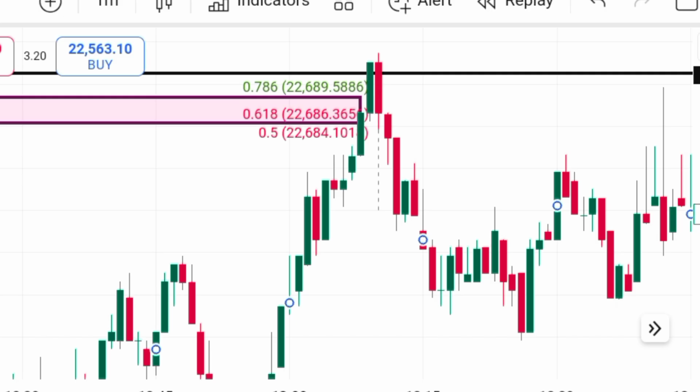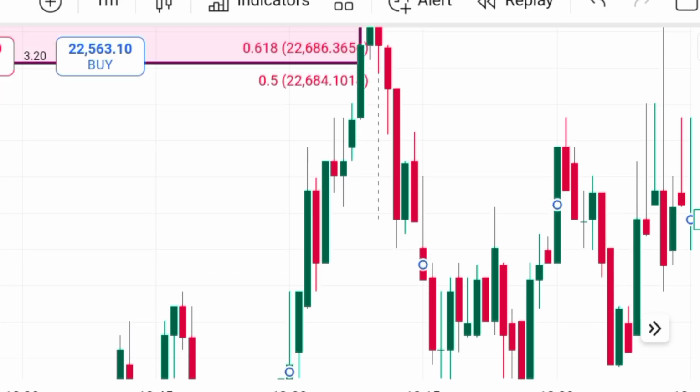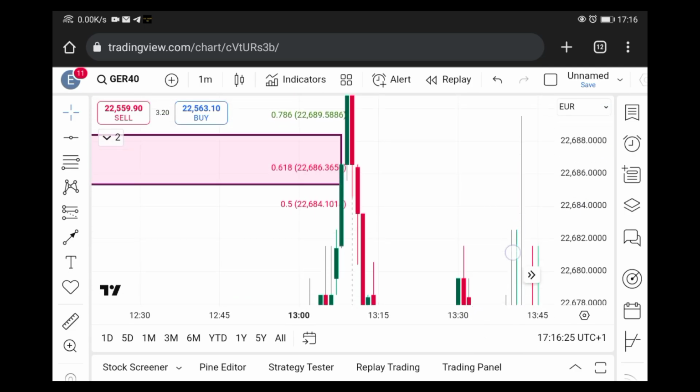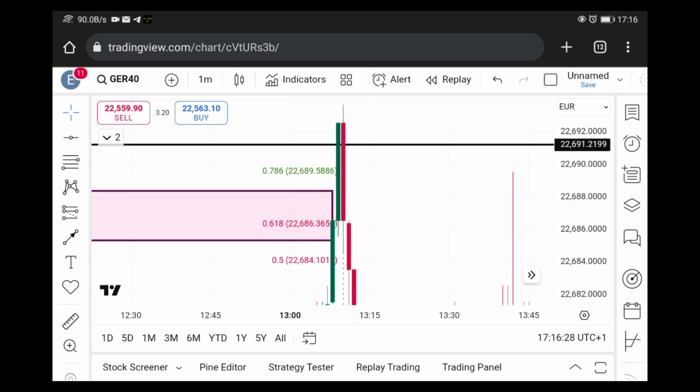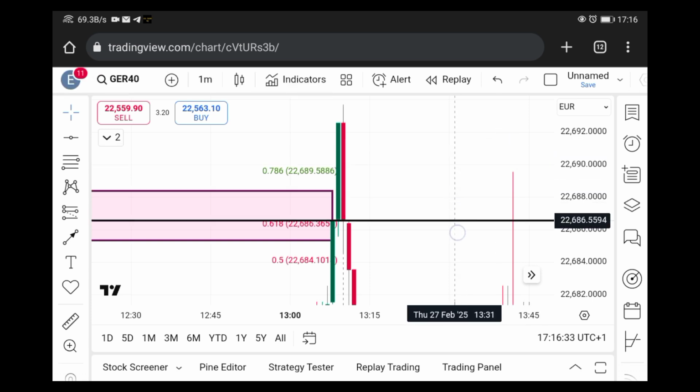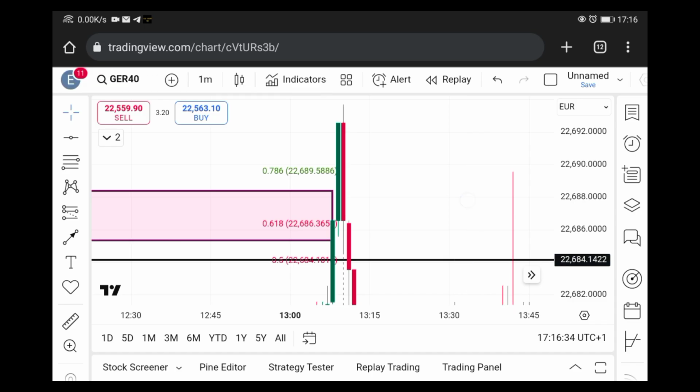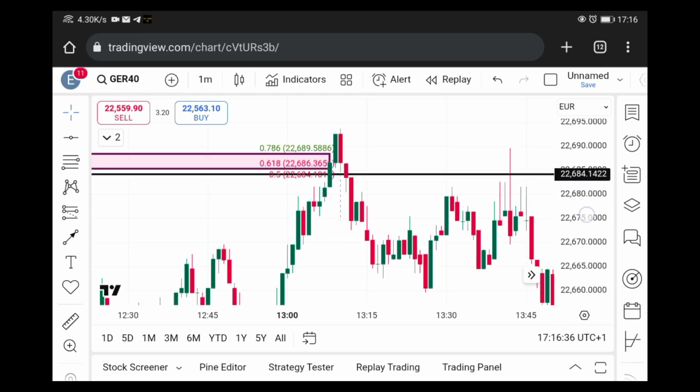So we flip from the high down to the 3-bar play, not the wick. So that is it. Now it is for us to enter our trade on the 0.5 retracement level, which is right here. That is where we are going to place our trade.